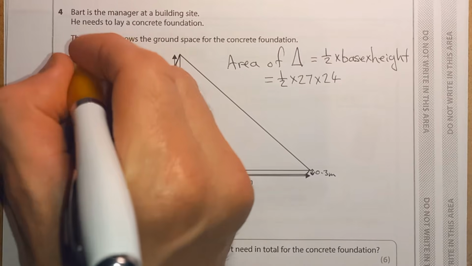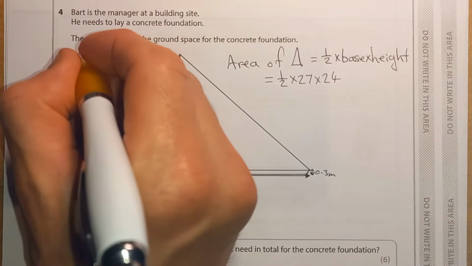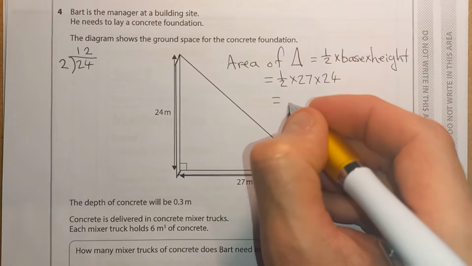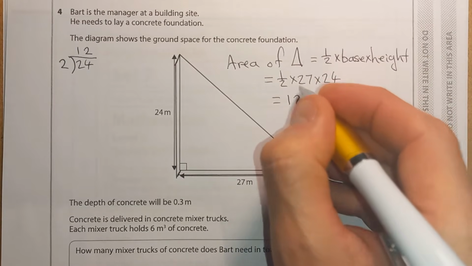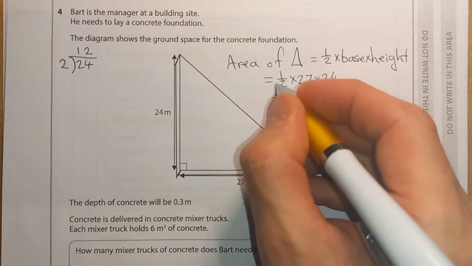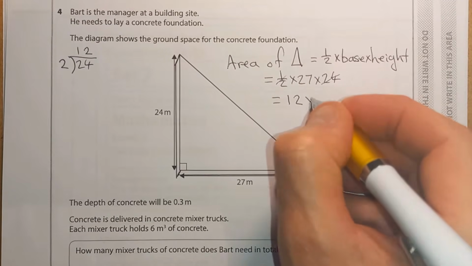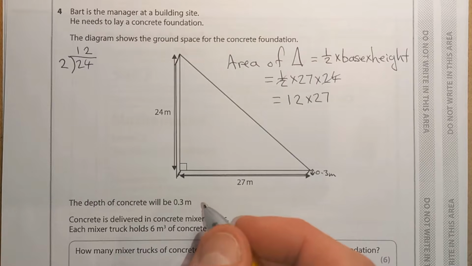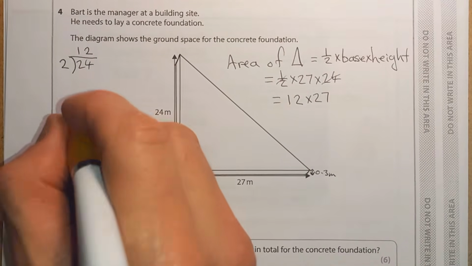So 2 goes into 2 once, 2 goes into 4 twice. So half of 24 is 12. So that's these two together. And then we need to multiply it by 27. Okay, so let's do this over here.